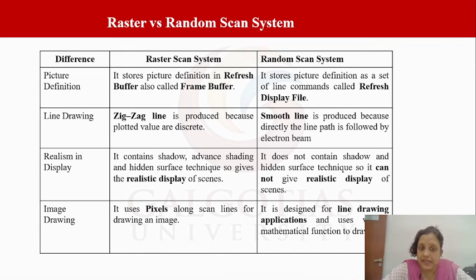Regarding realism in display, raster scan contains shadow, advanced shading and hidden surface techniques to give a realistic display of scenes. Random scan does not contain shadow and hidden surface techniques, so it cannot give a realistic display of scenes. For image drawing, raster scan uses pixels, and random scan is designed for line drawing applications.